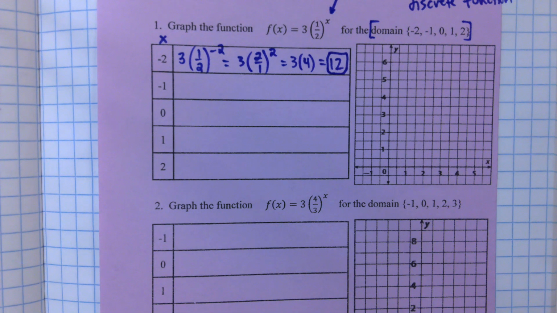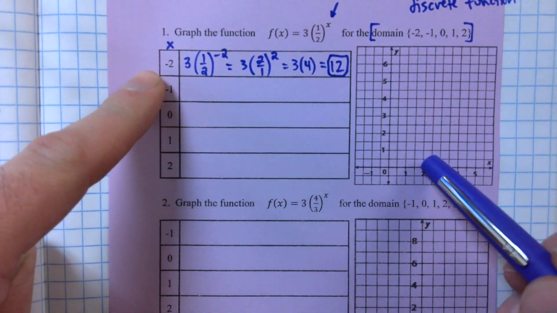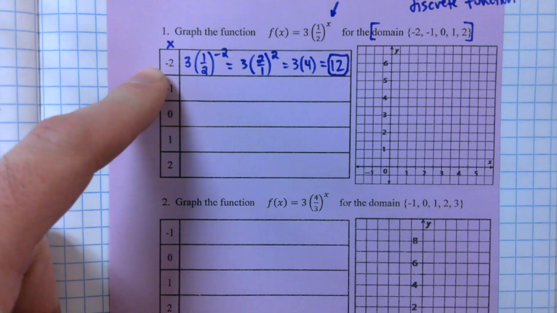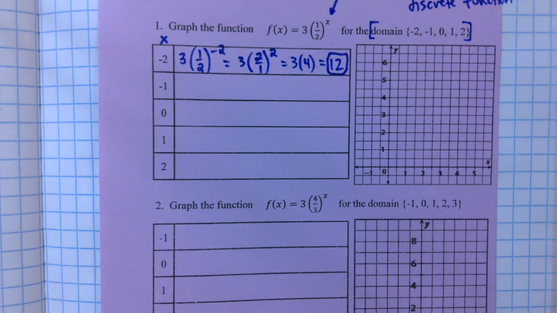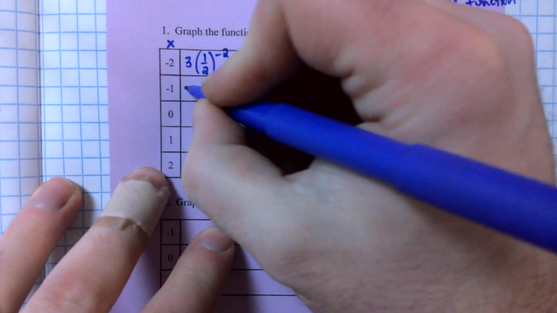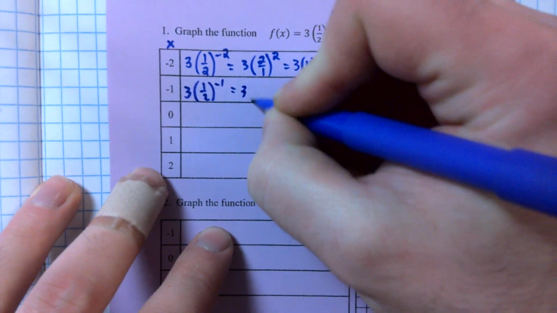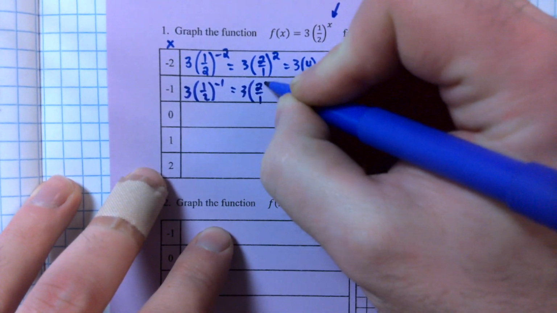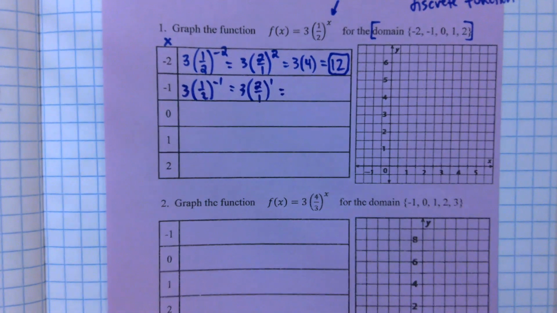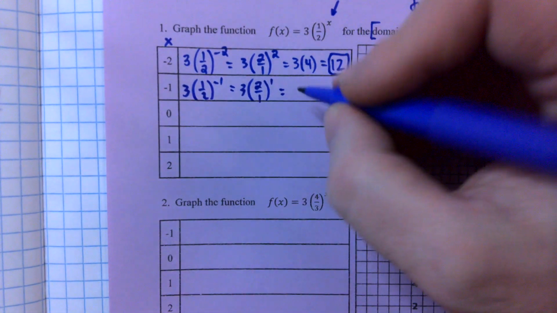Now, what do we notice about the y-axis on our graph? Can we plot this point, -2, 12? No, it only goes up to about 7. So let's skip that one and go to the second one, -1. Same thing. I'm going to plug -1 in as my exponent and reciprocate my little fraction: 2 over 1 to the first power.